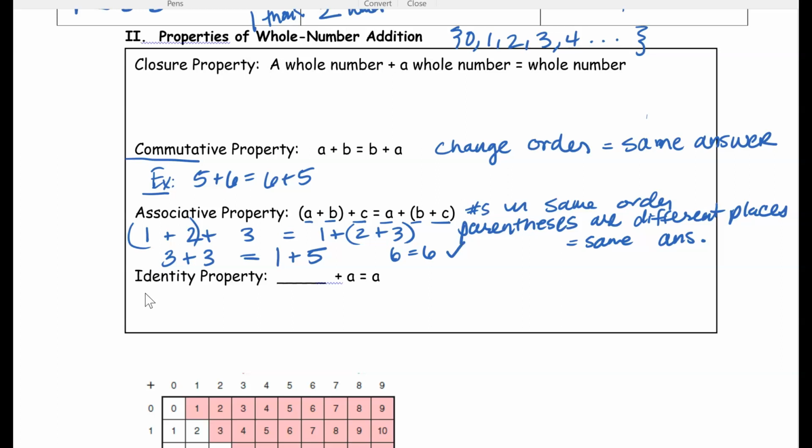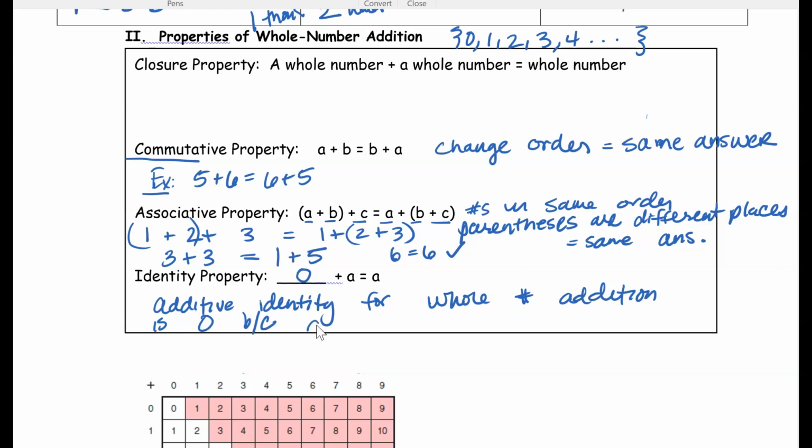The additive identity for whole number addition is 0, because adding 0 to any whole number, well, any number really, does not change its value.